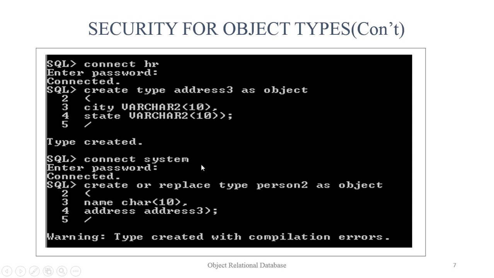But when person 2 uses object type address 3, Oracle gives an error. This is because object types are restricted to the intended users by whom they are created. If any other users need object types, then the owner has to grant them privilege of accessing.